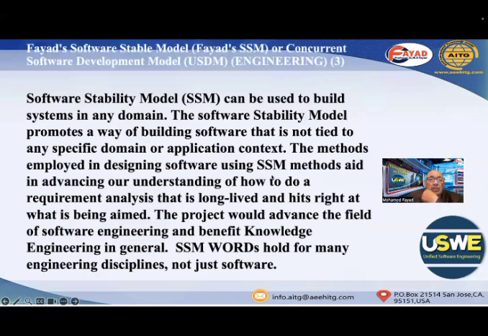Then we have the part of engineering here, which is the SSM, which can be used to build systems in any domain. There is no specific domain. There is every aspect there we do. There are not many different architectures. This is crazy. We have too many different architectures, and each one of them has a lot of problems.